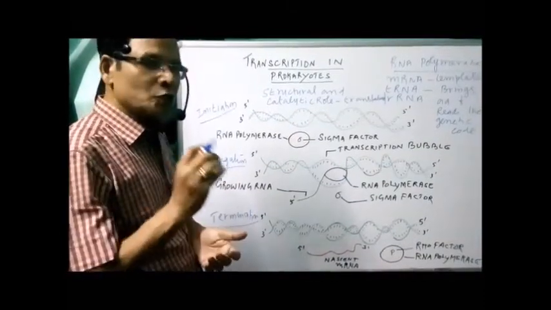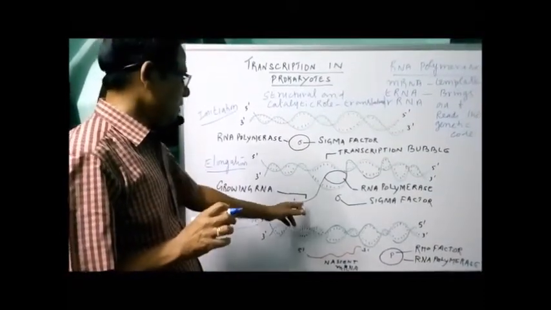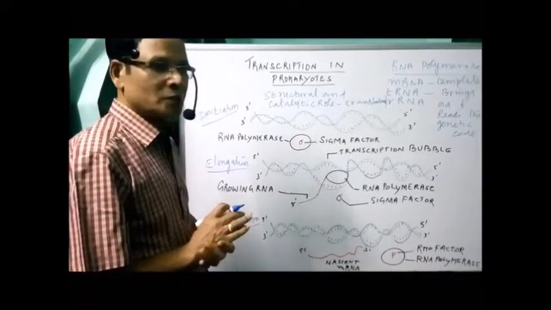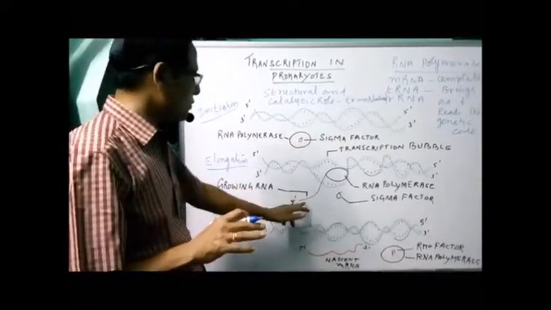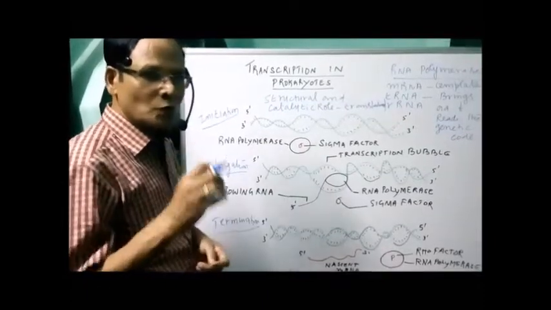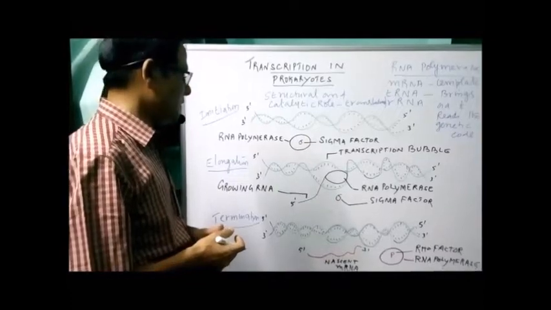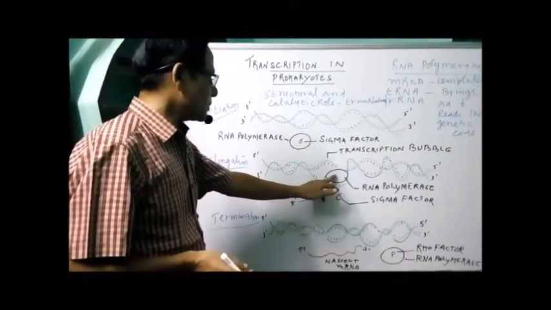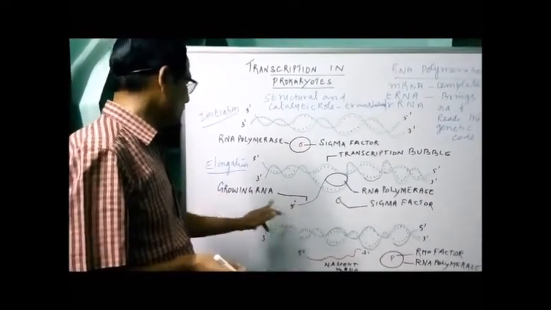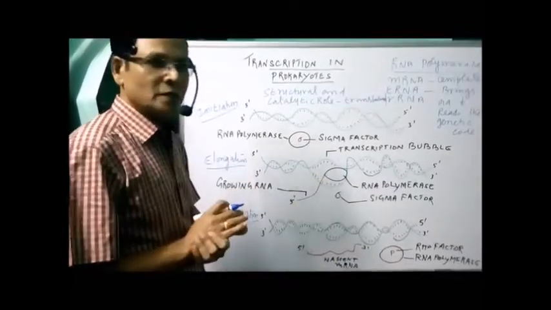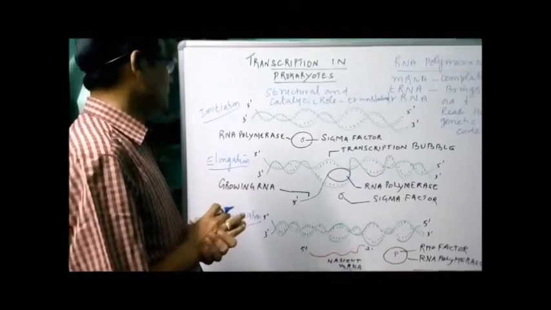Normally only a small stretch of RNA, the one which is newly synthesized, is bound with RNA polymerase. Not the entire RNA is bound with RNA polymerase. Only a small stretch of RNA, the one which is being formed continuously, is bound with the RNA polymerase. This is what's called the growing RNA. It is found attached to the RNA polymerase, just only a small stretch.